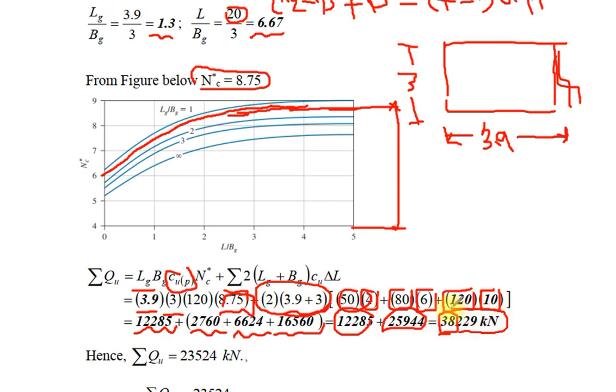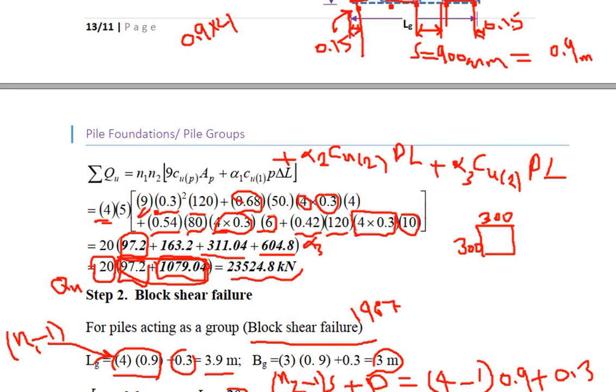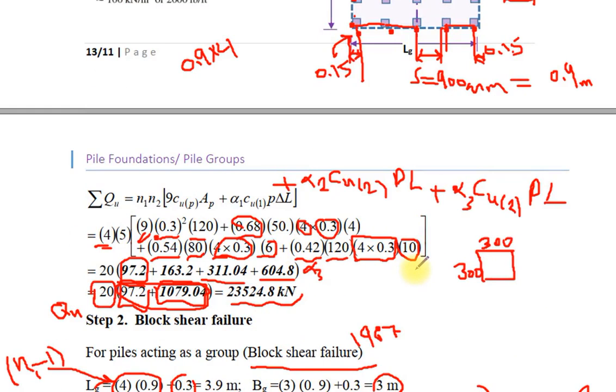Adding QS to QP gives the ultimate bearing capacity, 38,229 kilonewton. This value is the ultimate bearing capacity of a group of piles in clays in the second step, in the second method, based on block shear failure. Compare this value with the ultimate bearing capacity computed in the first step, which was 23,524.